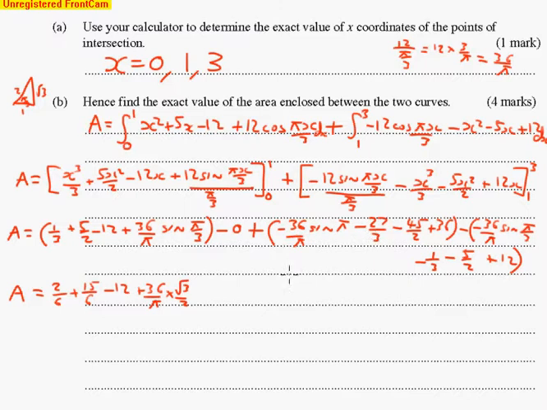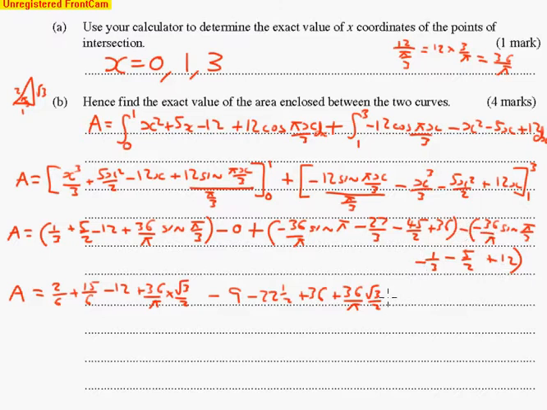We've got minus 9, that's 27 on 3, then we've got minus 22.5 plus 36, minus minus changes that into a plus, and as before, sine of pi on 3 is root 3 on 2, minus the minus outside this last bracket, so that's why that changed to a plus.